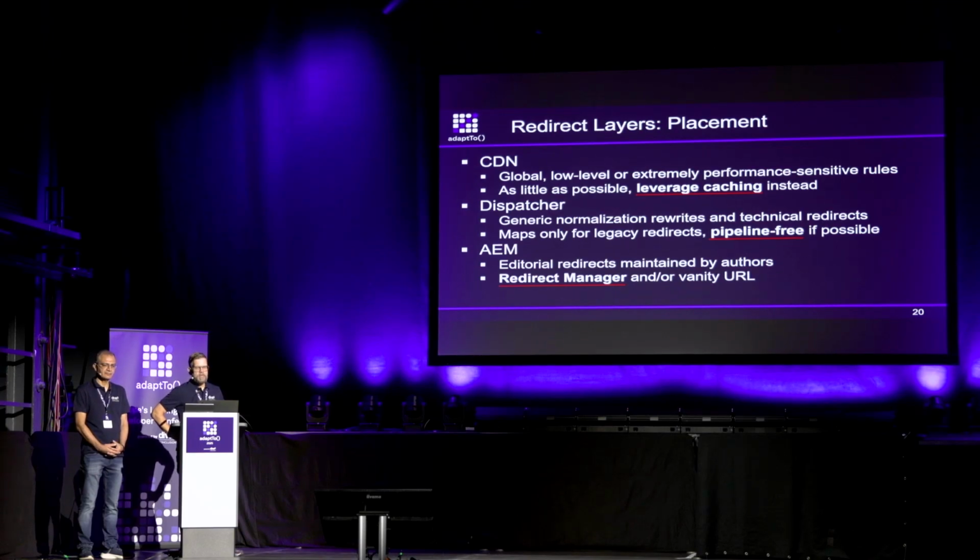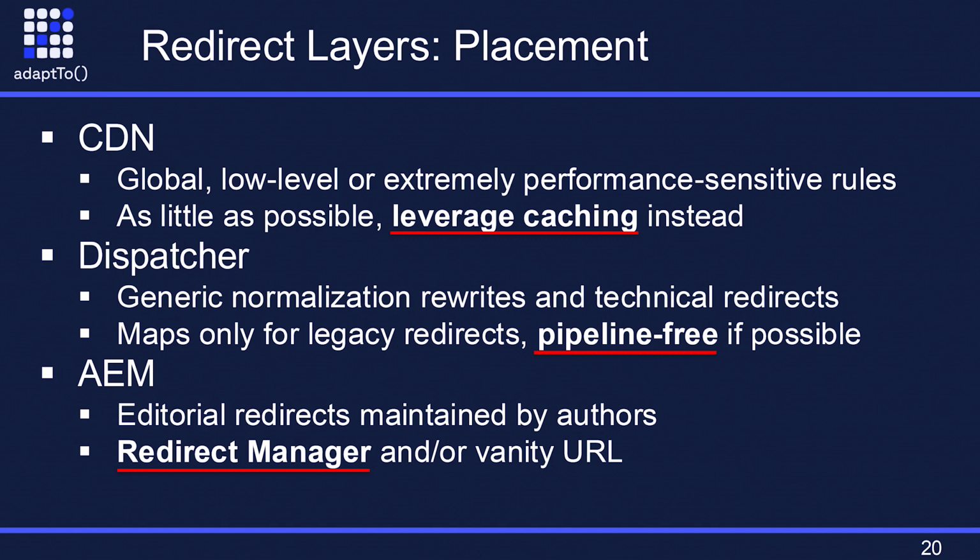But in general, you want to keep the rule set minimal and instead rely on caching, because this is kind of contrary to the conventional wisdom of putting everything in the edge, which you will encounter often in this discussion, because you will reap all of the performance benefits, or most of them, just by having proper caching. This is what CDNs are for. And if you have high traffic redirects that are hit often, they will come from the cache anyway.